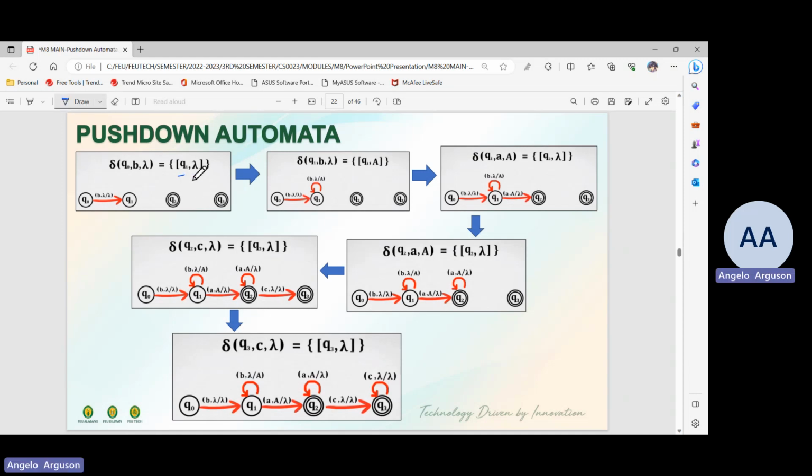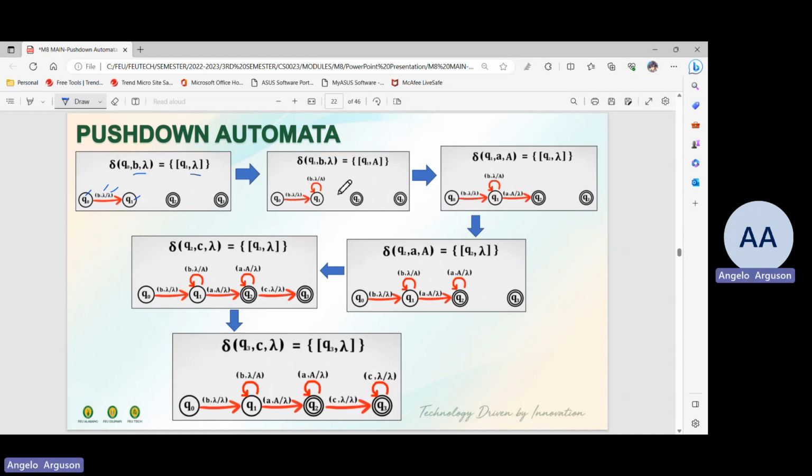We have to push nothing onto the stack. So by writing it down, we have Q sub 0. Let's draw a circle for Q sub 1 as well. We're going to bring down these symbols, B and this symbol. Therefore, we are left with only B and an epsilon or null, and then another null.